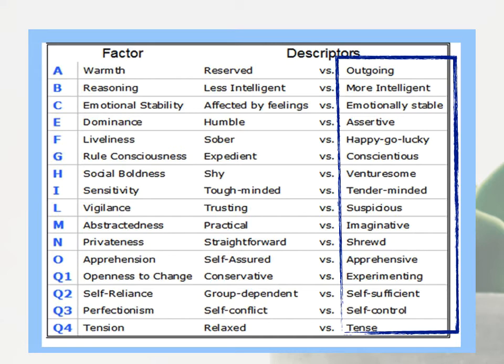For example, if the client's score for factor G, which is rule consciousness, falls on the left side, that means the person, at least for this factor, is expedient. If it falls on the right side, it means that he or she is conscientious.